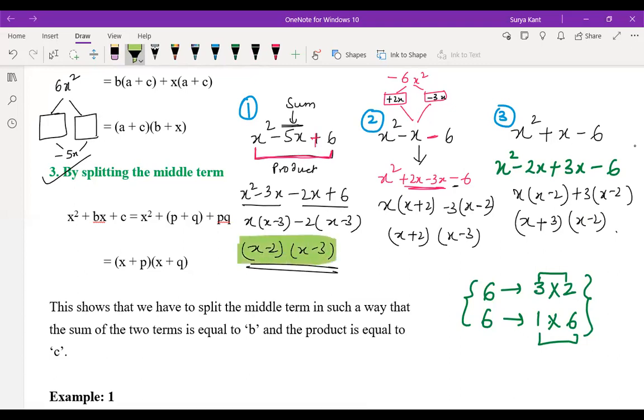Can you hear me, sir? Yeah, I can hear you. Tell me. Yeah, Shriyanvi, tell me. Is the answer x plus 3 and x minus 2? Which one, first, second, third?